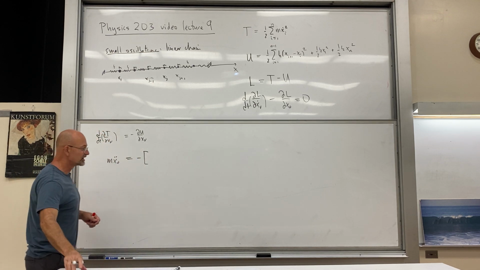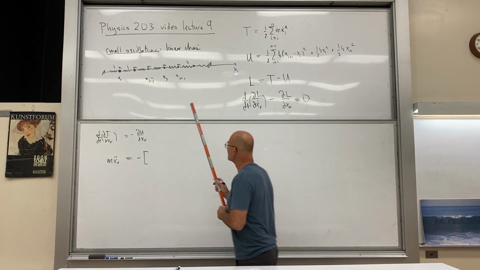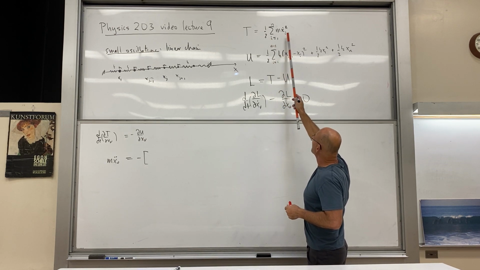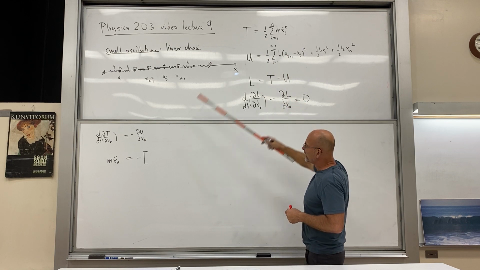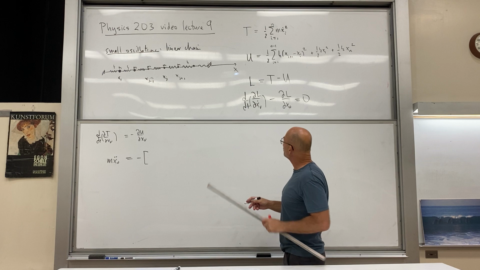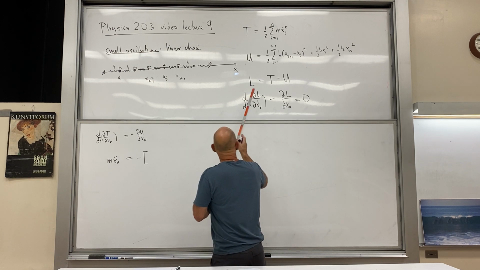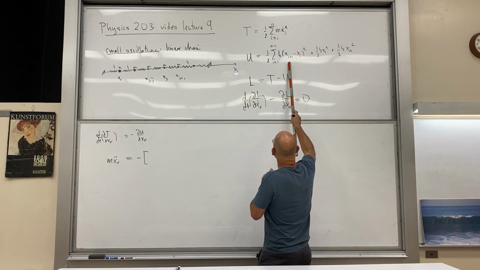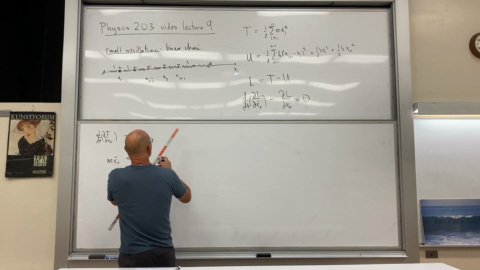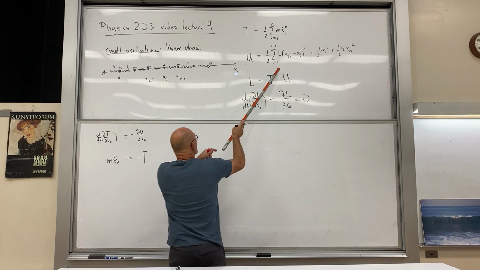Now, for the potential energy, we have to be a little more careful, right? This one here was trivial. We picked the nu-th, and then the 2's canceled, gave it one more time derivative, 2 dots. For the potential energy, you got to be a little more careful. And looking at this thing here, we see we're going to have dU/dx of nu.